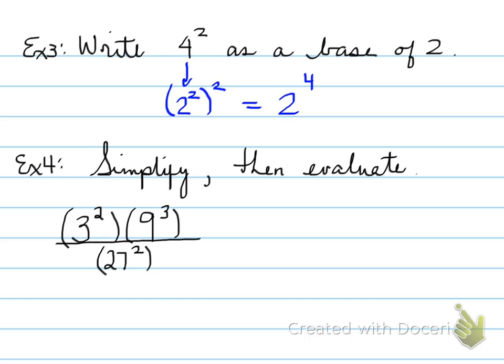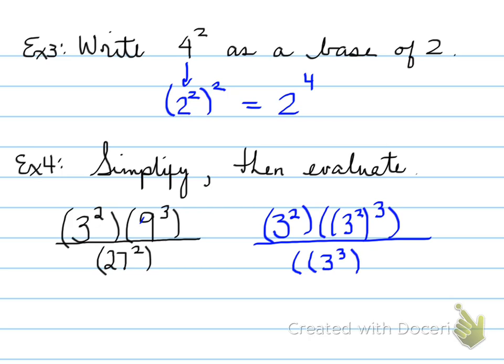Well, folks, 3 is our smallest number there, and I definitely can make 9 become 3 squared, and then we leave the cubed out here, so this 9 that's here becomes 3 squared, and this cube that's here stays cubed over here. On the bottom, we have something that gives us a base of 3, which will be 3 cubed.